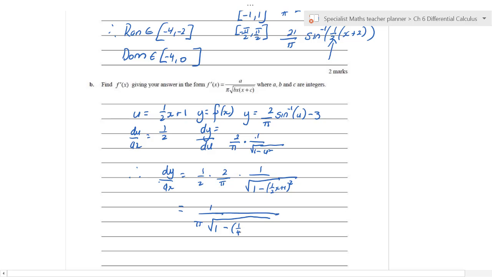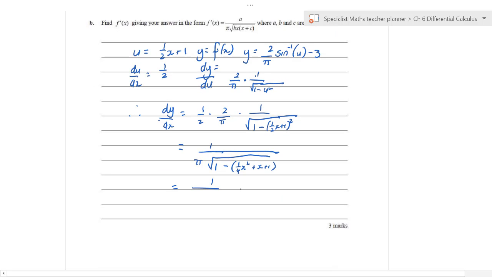That's going to be a quarter x squared plus a half x plus x plus 1. So now we've got 1 over pi, 1 minus 1, that's going to be 0, and we've got x minus 1/4 x squared.